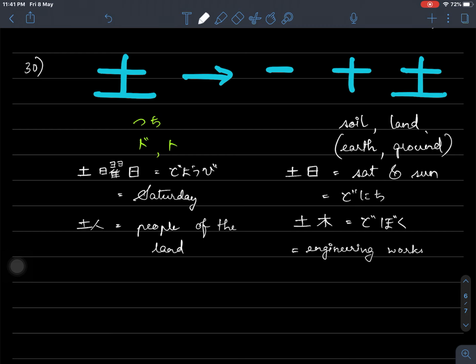So when you say people of the land, it actually means aborigines. So that's what that means, and you will read it as dojin.